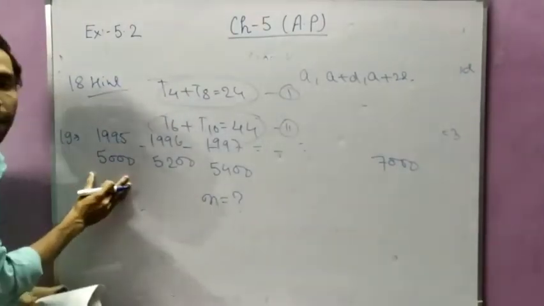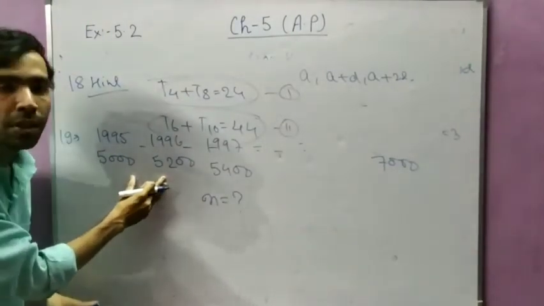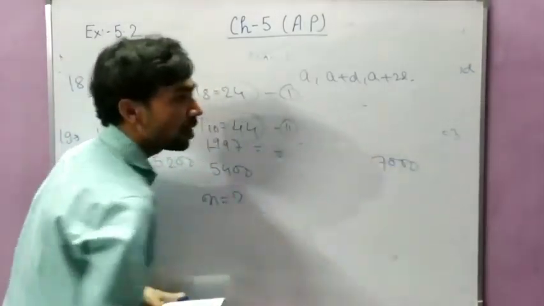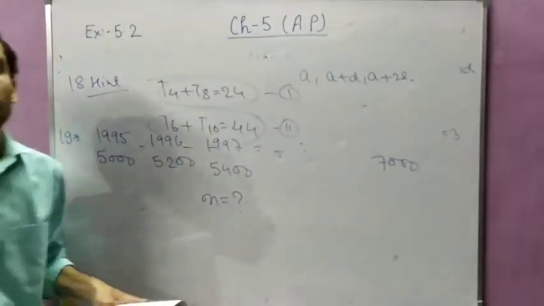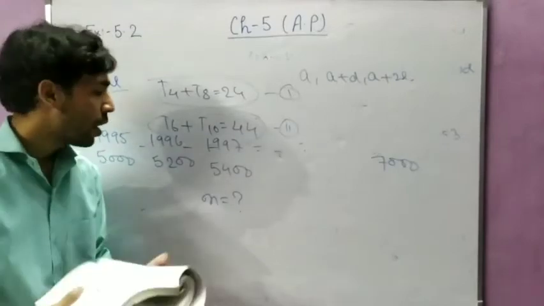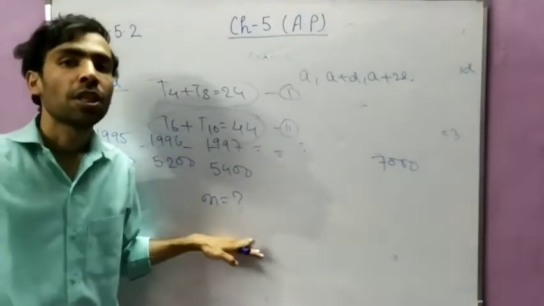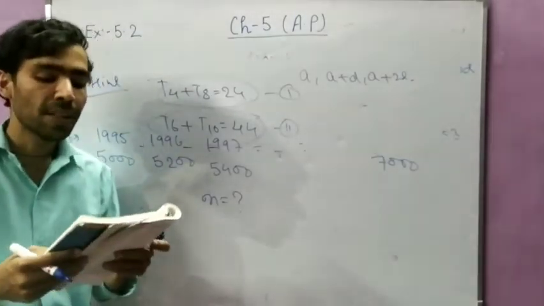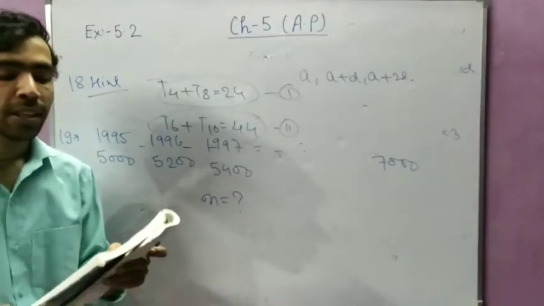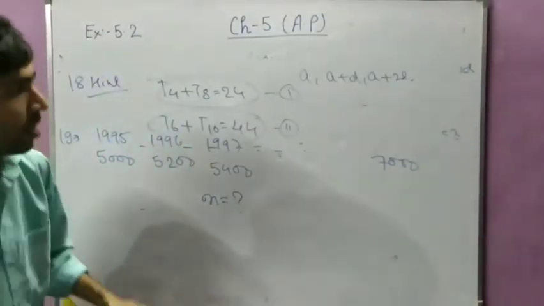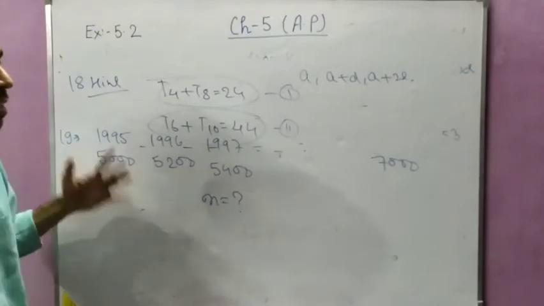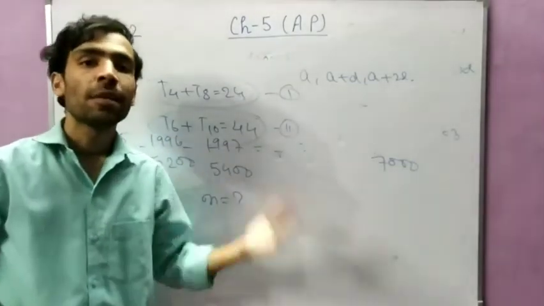So the first term is 5,000, common difference will be 200, last term will be 7,000. When you put in the formula of last term, you can get the value of n. And question number 20 is also the same as question number 19. So I have given hints to all the remaining questions.